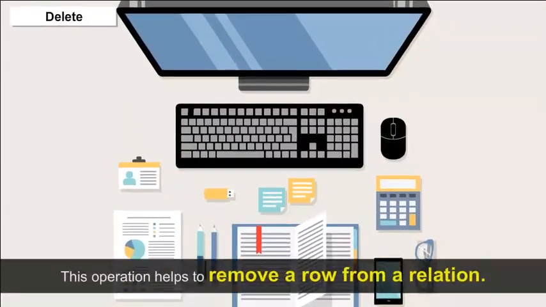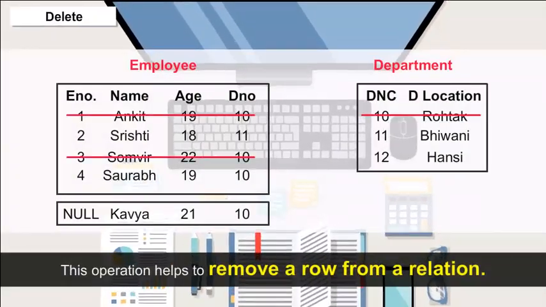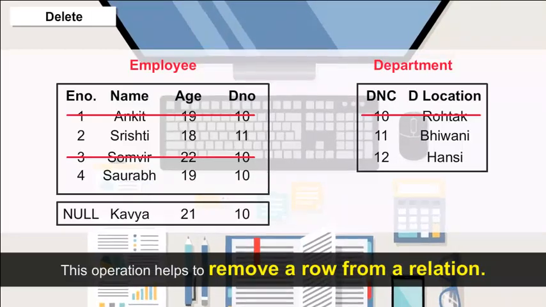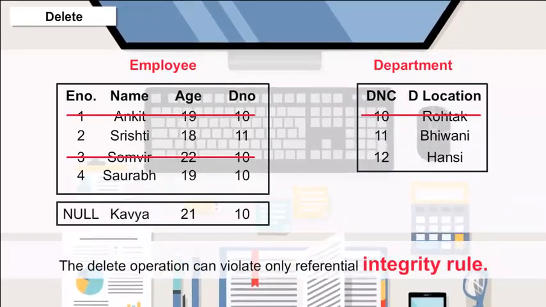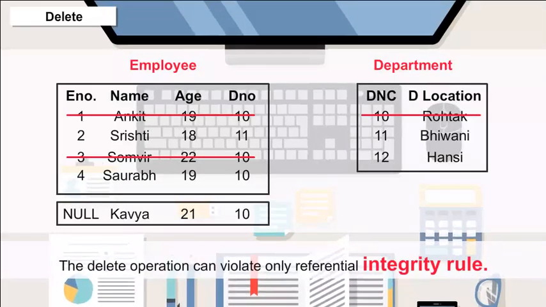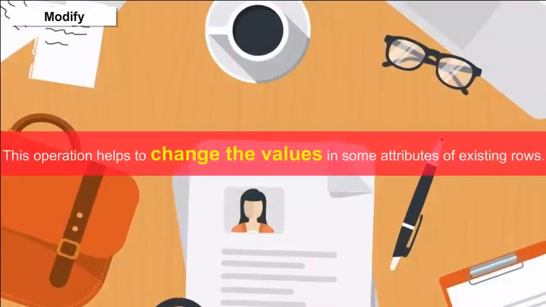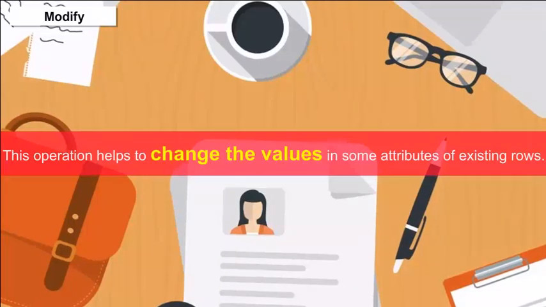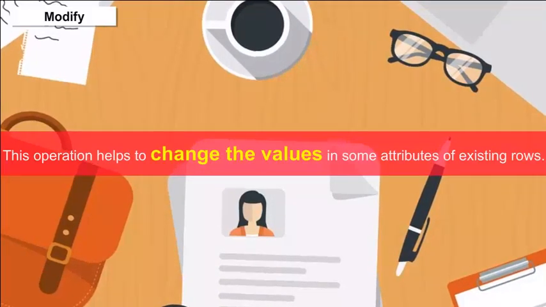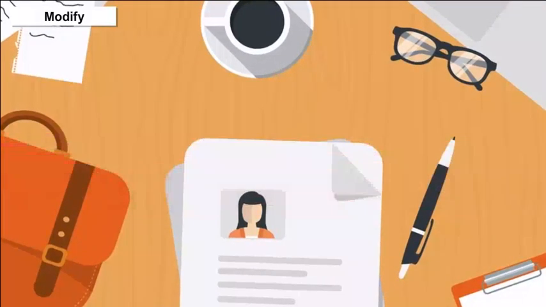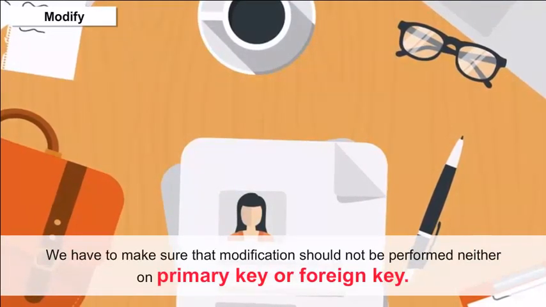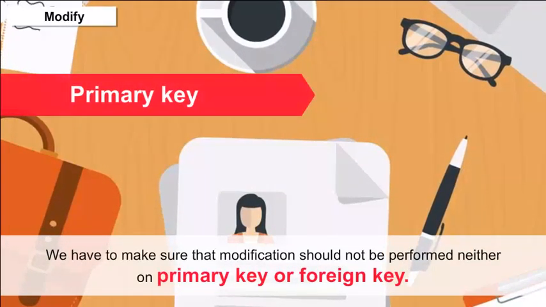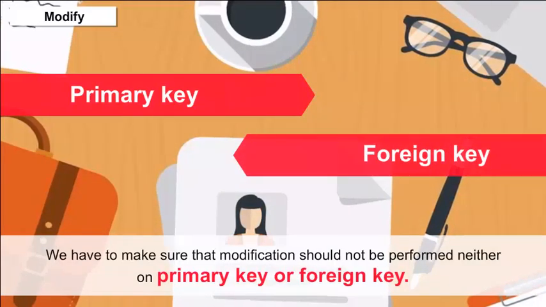Delete. This operation helps to remove a row from a relation. The delete operation can violate only the referential integrity rule. 3. Modify. This operation helps to change the values in some attributes of existing rows. We have to make sure that modification is not performed on either the primary key or foreign key.